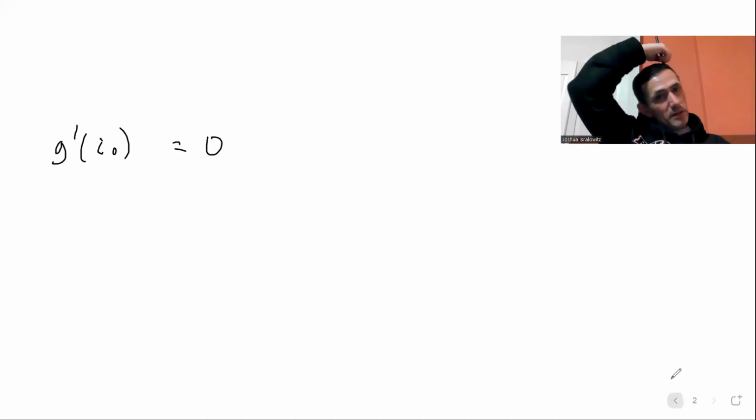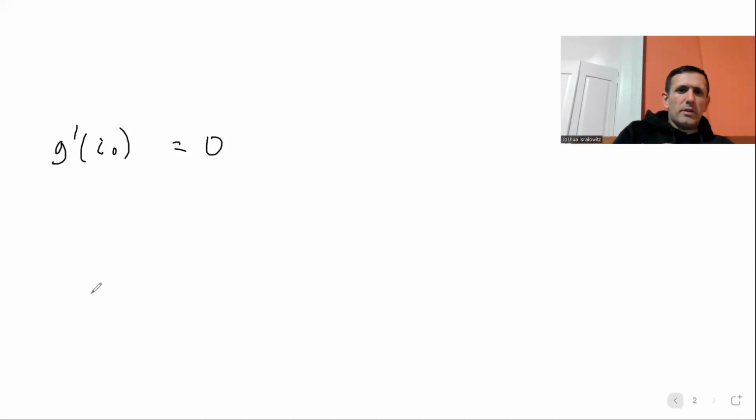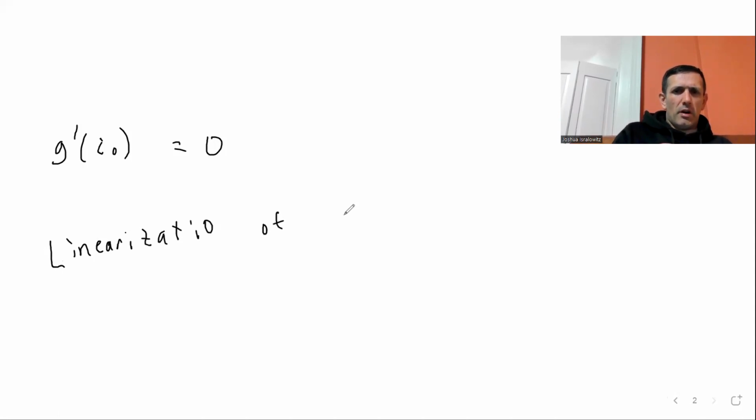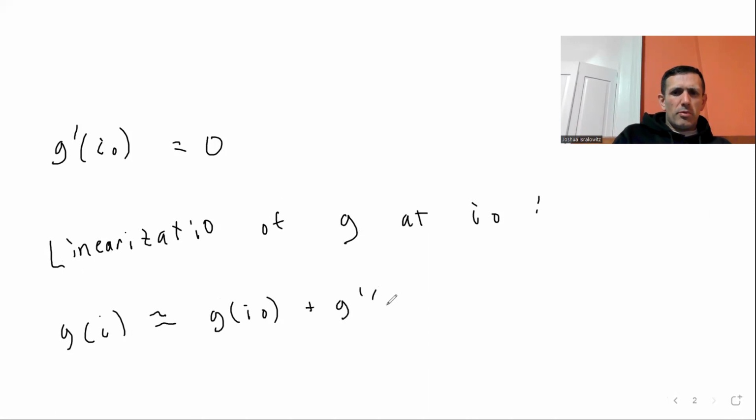So, yeah. So what does this tell me? So let me do the linearization of G at I0. So it says G of I is approximately G of I0 plus G prime of I0.